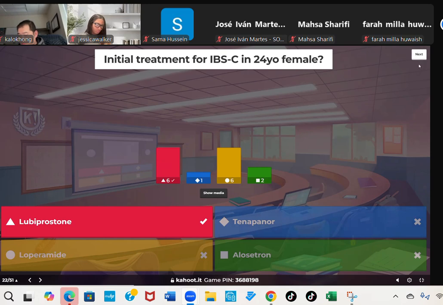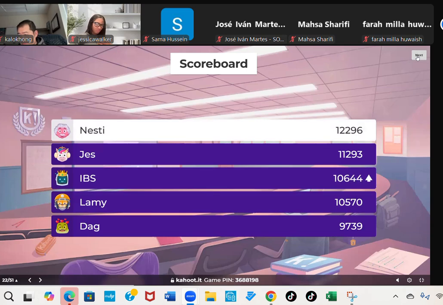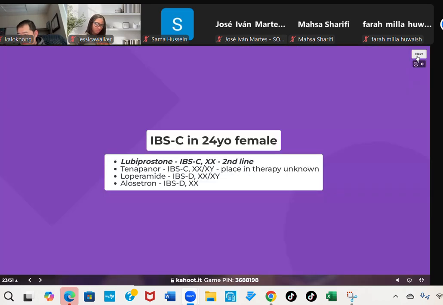A little bit concerned about the 6 of you that chose loperamide. Right, so lubiprostone is for IBS-C for patients born XX.